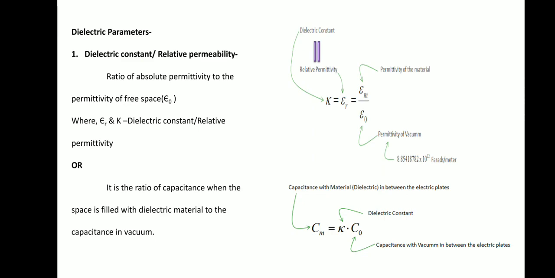Now next we'll discuss the dielectric parameters. There are four dielectric parameters. The first one is the dielectric constant, also called relative permittivity. The definition of the dielectric constant is the ratio of absolute permittivity to the permittivity of free space.